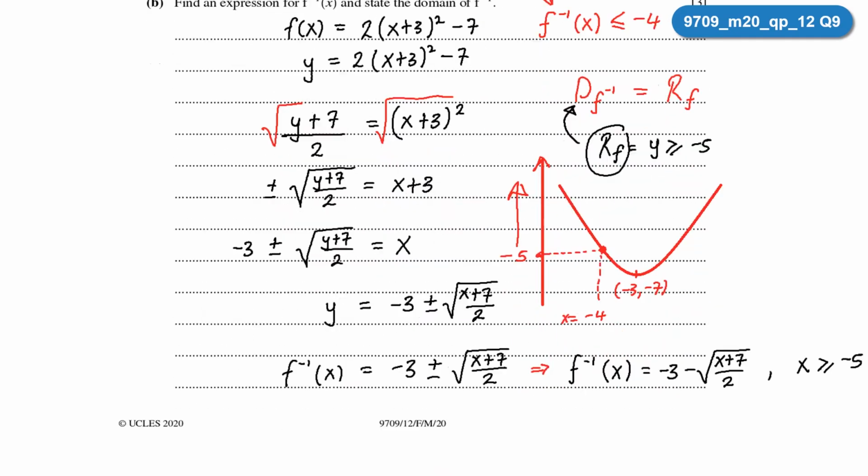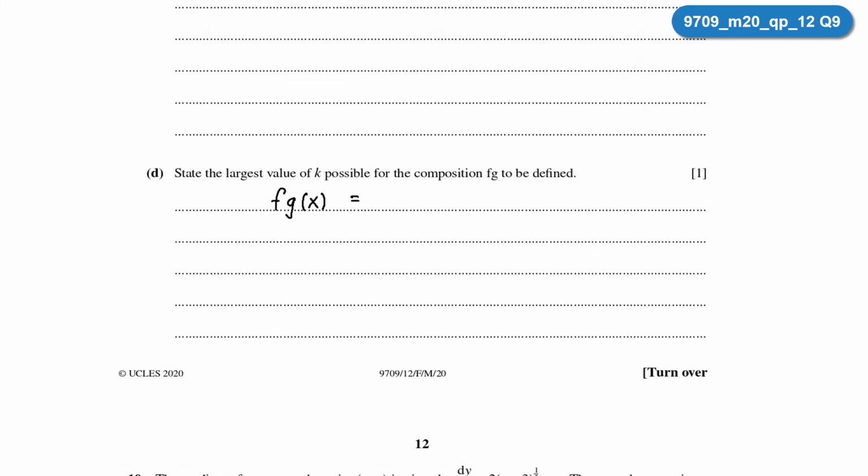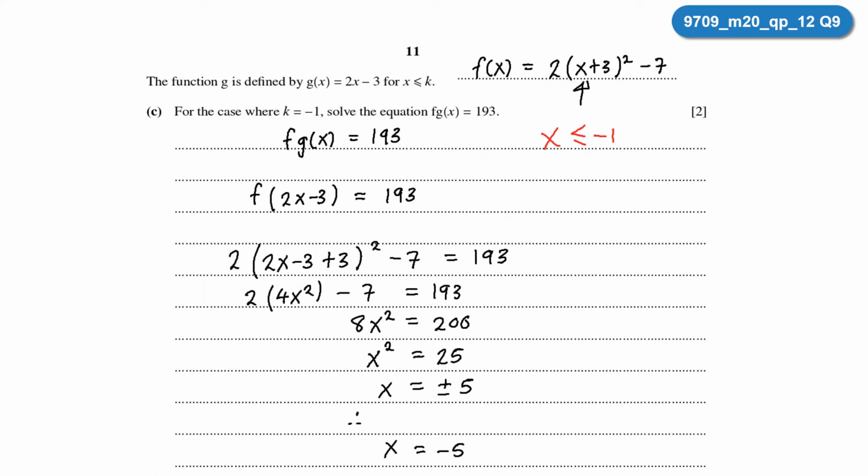So in our case here, it's f of g of x, which means that g of x, since we are inputting g of x into f of x, should also be less than or equal to minus 4. But we've been given that g of x is 2x minus 3.